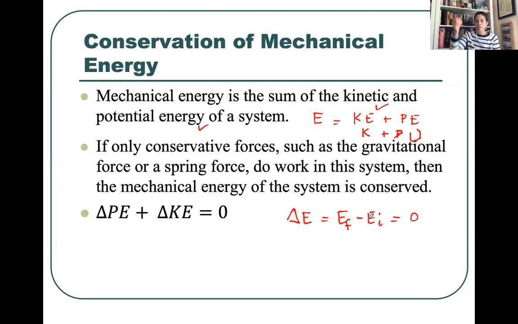If the only external force acting here is gravitational, or if I let it go and it's really in free fall, and that's the only force acting on it, we're going to see that we have conservation of energy.